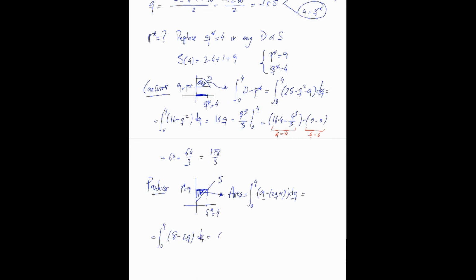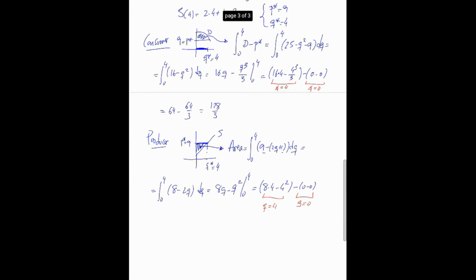So that's 8q minus q squared from 0 to 4. That's 8 times 4 minus 4 squared, minus 0 minus 0. Here is q equals 4, and here is q equals 0. So this is 32 minus 16 equals 16.